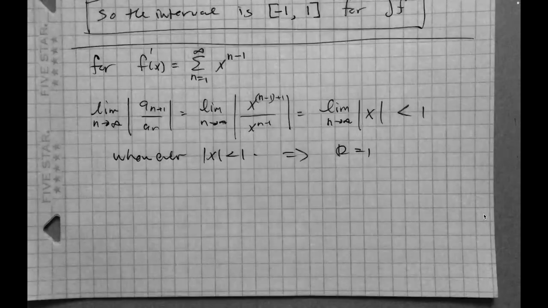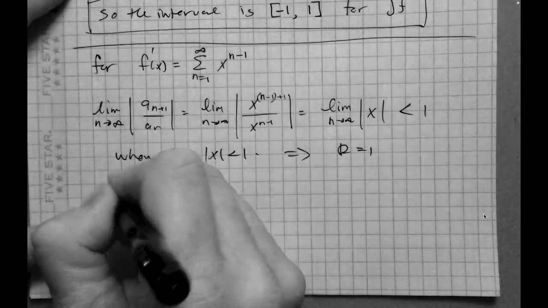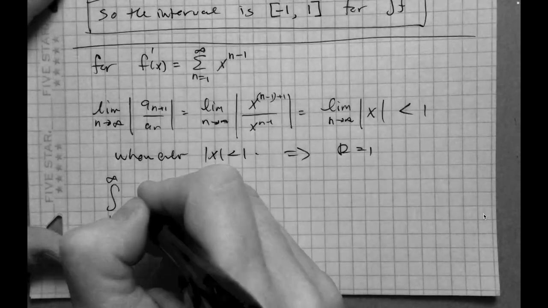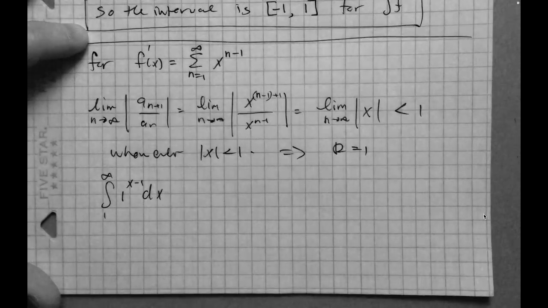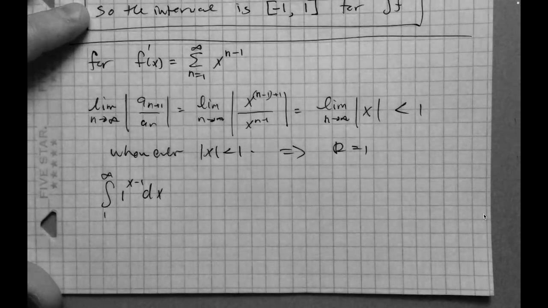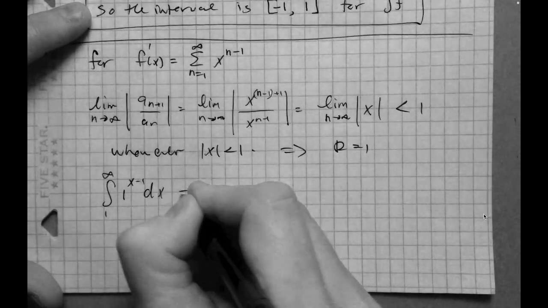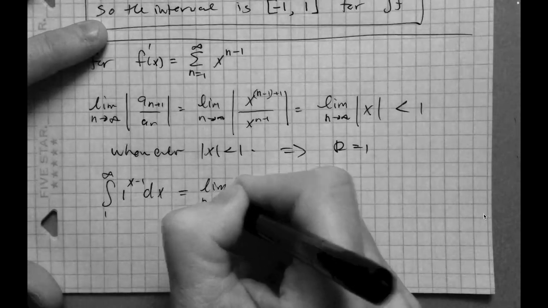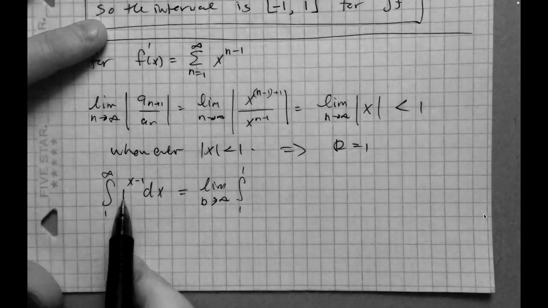Okay, now what about the endpoints? We can again use the integral test on this really quickly. So the integral from 1 to infinity of x to the n minus 1 dx, that's what we'd want to test. We want to see whether this diverges or converges, and that'll tell us what we need to know. This will be the limit as b goes to infinity of the integral from 1 to b of, and now this is just 1, right?